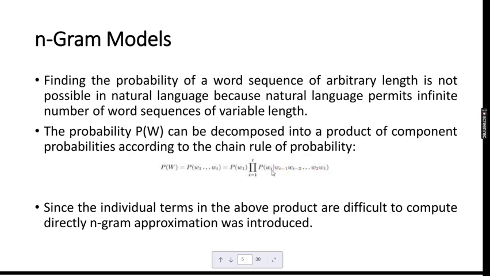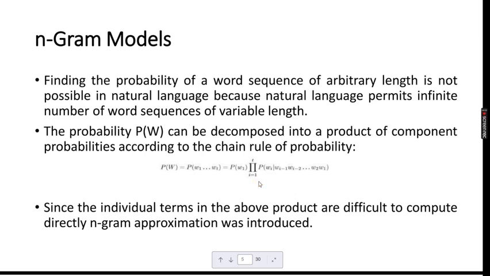So if you want to predict the word Wi, you take all the probabilities related to the words from i minus 1 back to the first word. The product of these probabilities gives the probability of the current word, the word we want to predict.